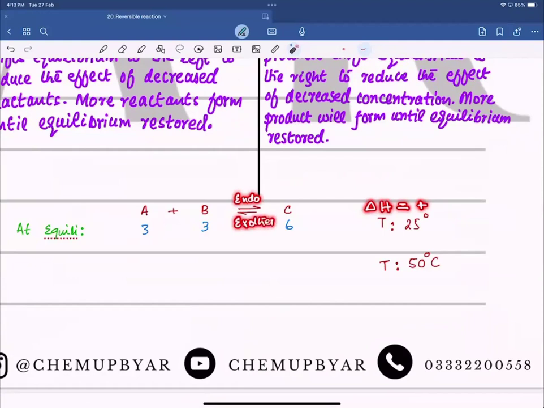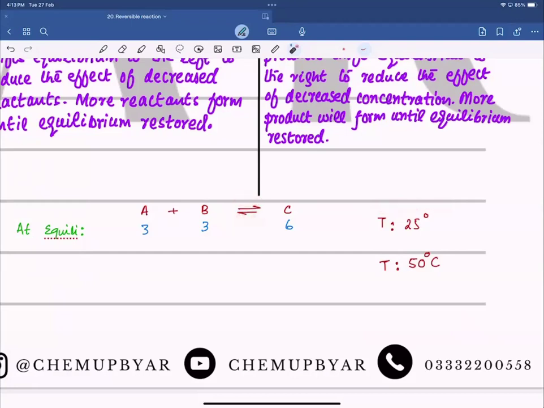Is this understandable? Okay. In the same way, when the delta H value is negative, it means that the forward reaction is exothermic, and if the forward reaction is exothermic, the backward reaction is endothermic.